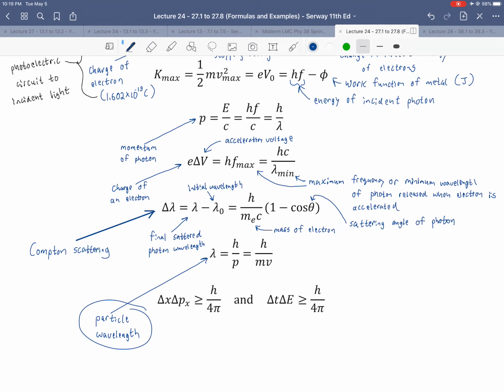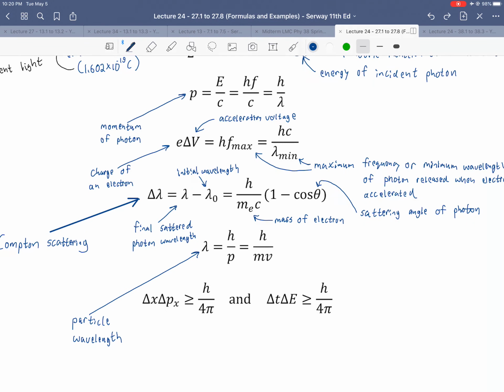To not lose sight of that, I simply want to say that the particle wavelength is a statement that particles, like electrons and protons, behave as waves in a very similar way as photons behave as waves and particles as well. All right? So the wave-particle duality applies to everything, not just photons.